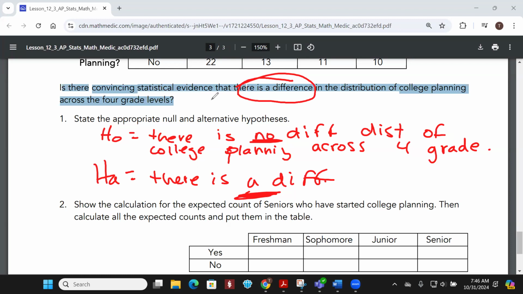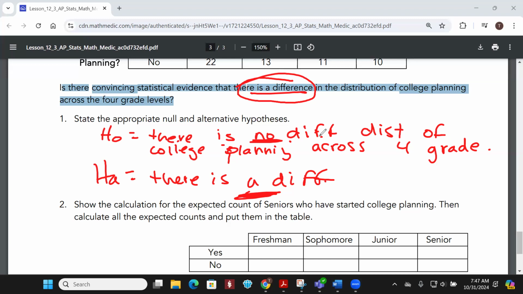So the null is going to be that there's no difference. The alternative is that there is a difference. Thank you, David. The null is always no difference. The alternative is difference. Don't set it backwards.